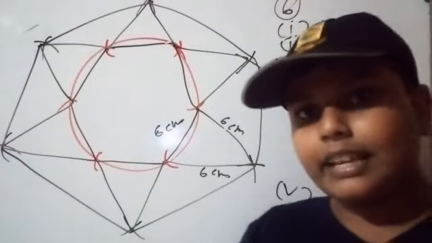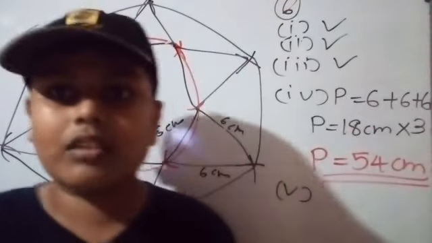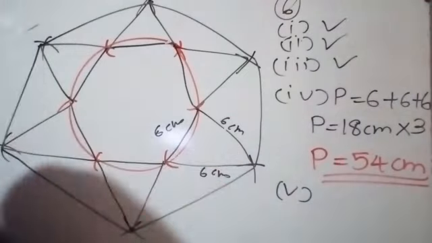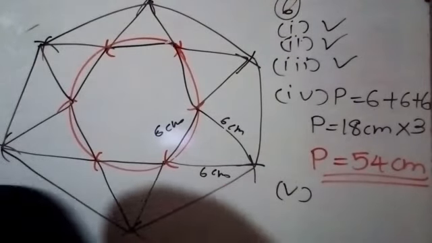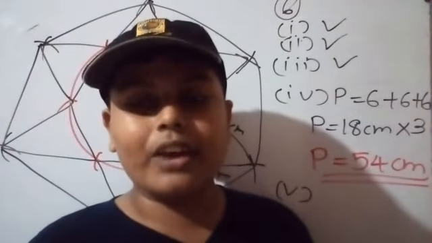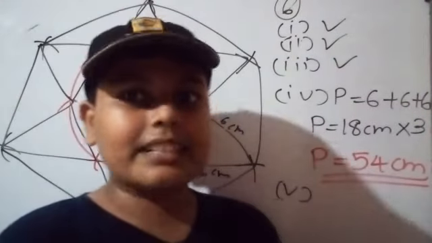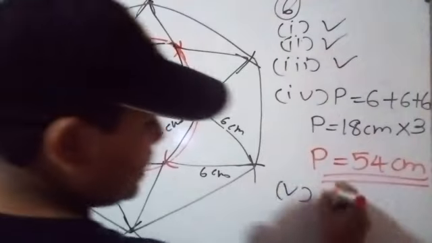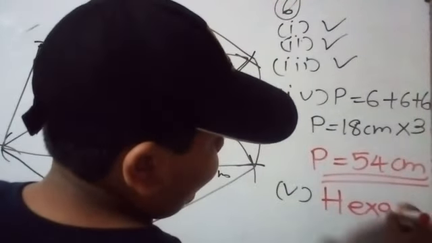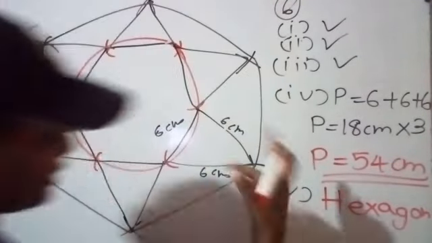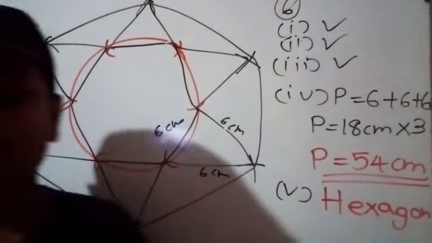Now you have a hexagon. If you draw this in the correct way, you have a very nice hexagon. Write the shape: hexagon. I don't have it because I did not get the actual measurement, right? So like that.